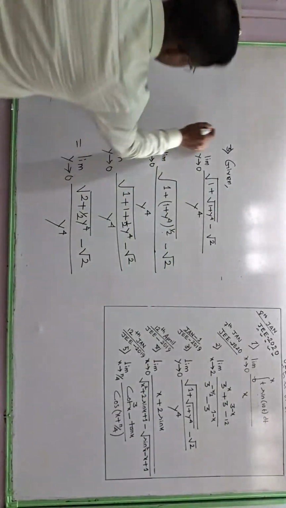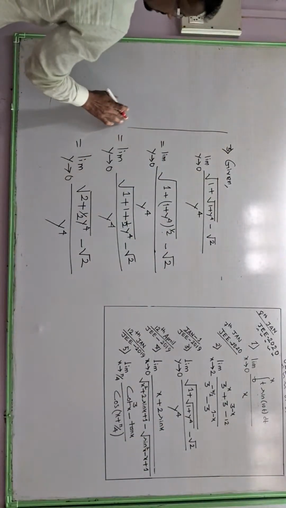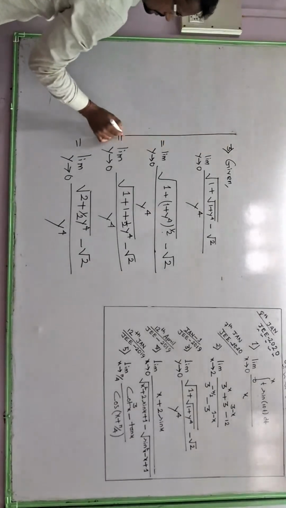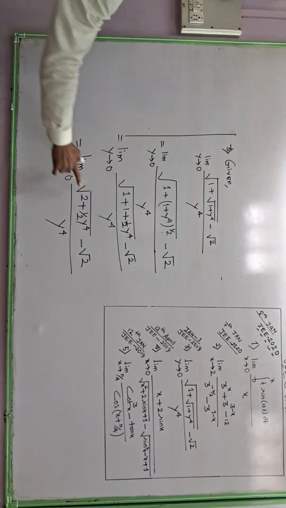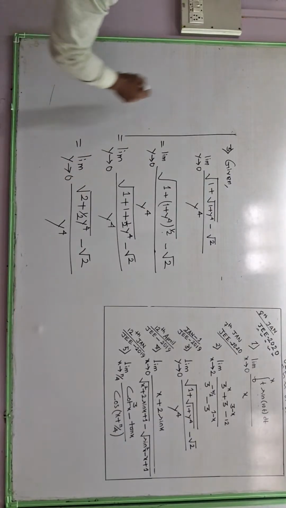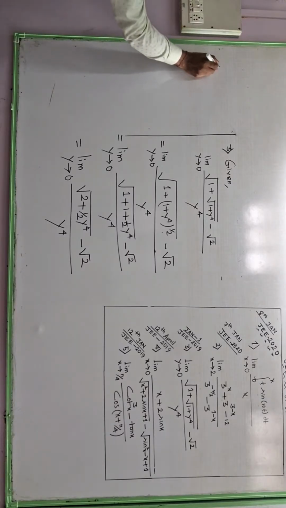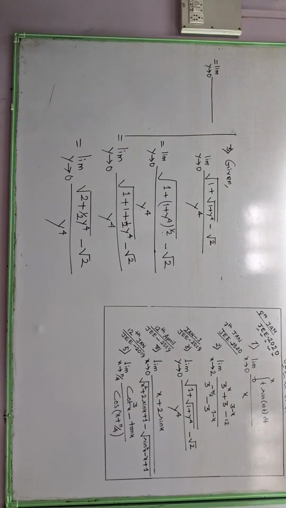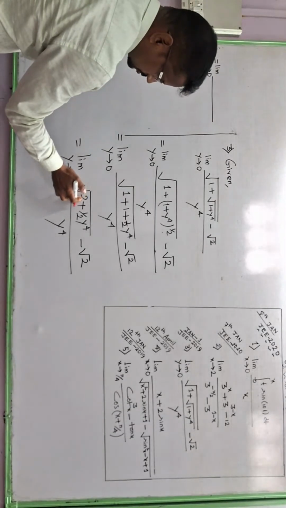If I use it once more, what do we get? Limit y tends to 0. Here for the 2, let us take 2 common.